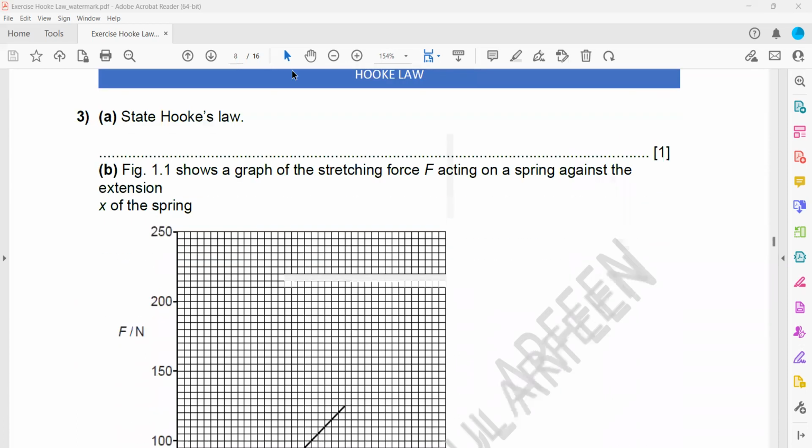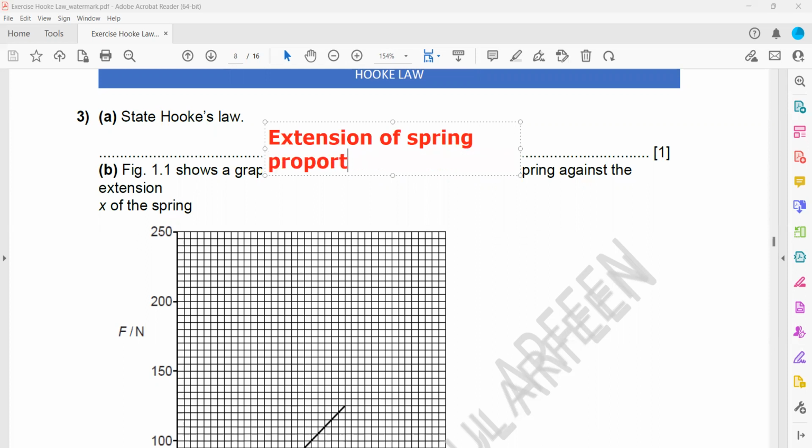Then state Hooke's law, again the same: the extension of a spring is directly proportional to the load, or force and extension are directly proportional.